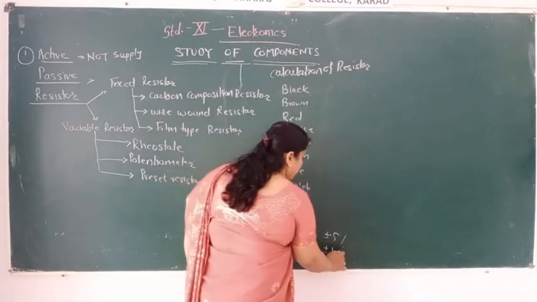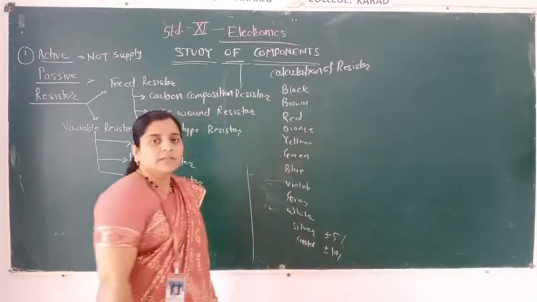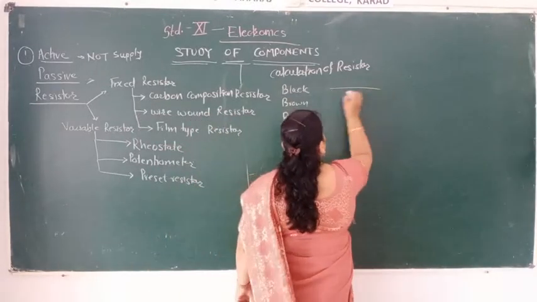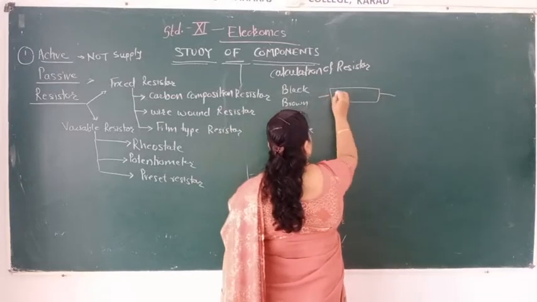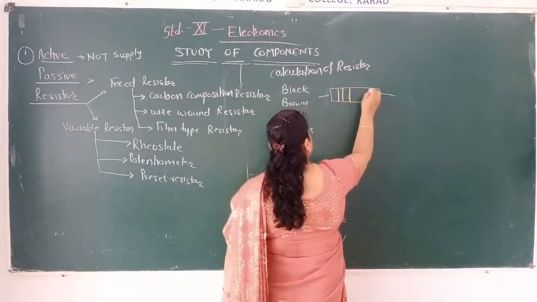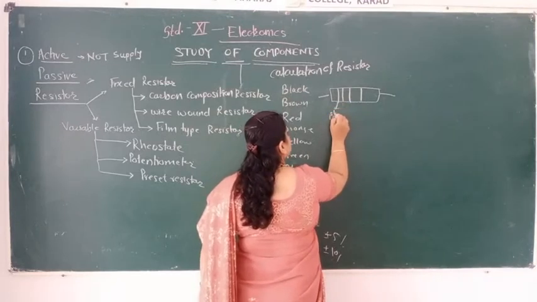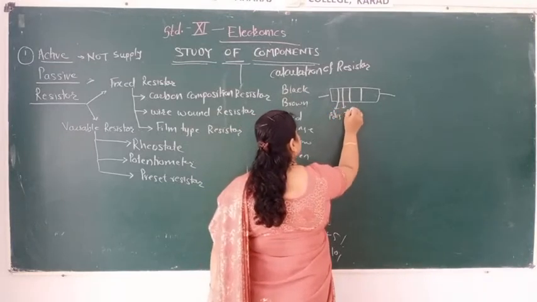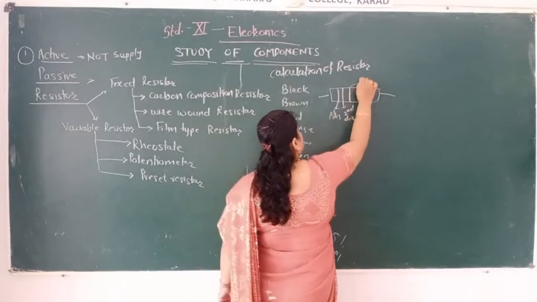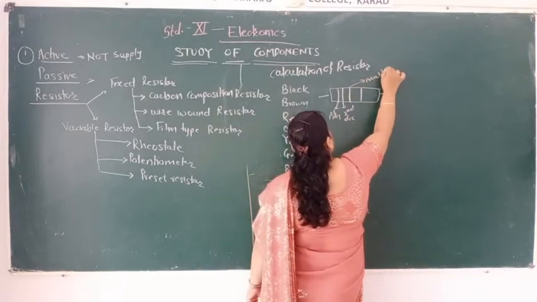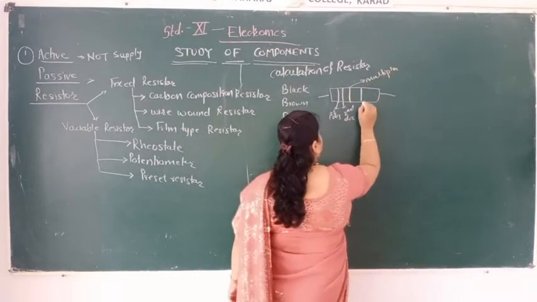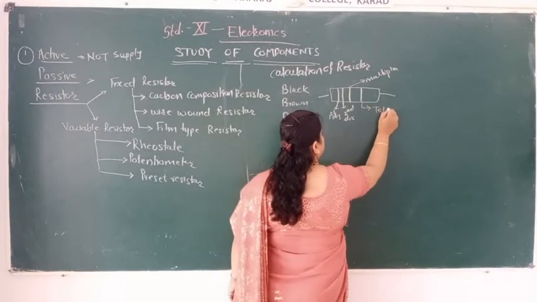For calculation of the resistance, first see, this resistor has 2 terminals. It has 3 bands. First is the first digit, the second band is the second digit, but the third is the multiplier, not a digit, and last is the tolerance.